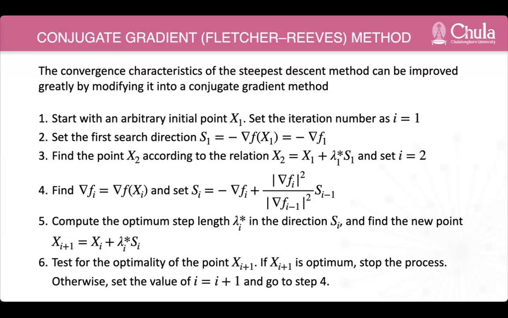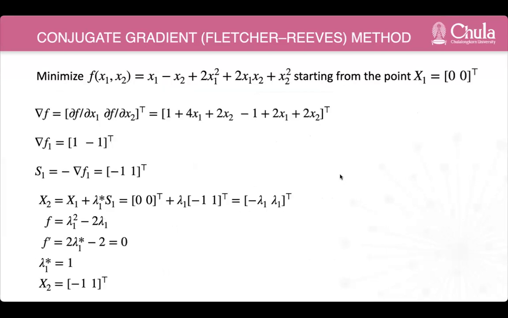And the other thing, the algorithm to find lambda, the step size, you can use anything. Most of the time we use the Newton method. So you can see this example. We start from steepest descent.